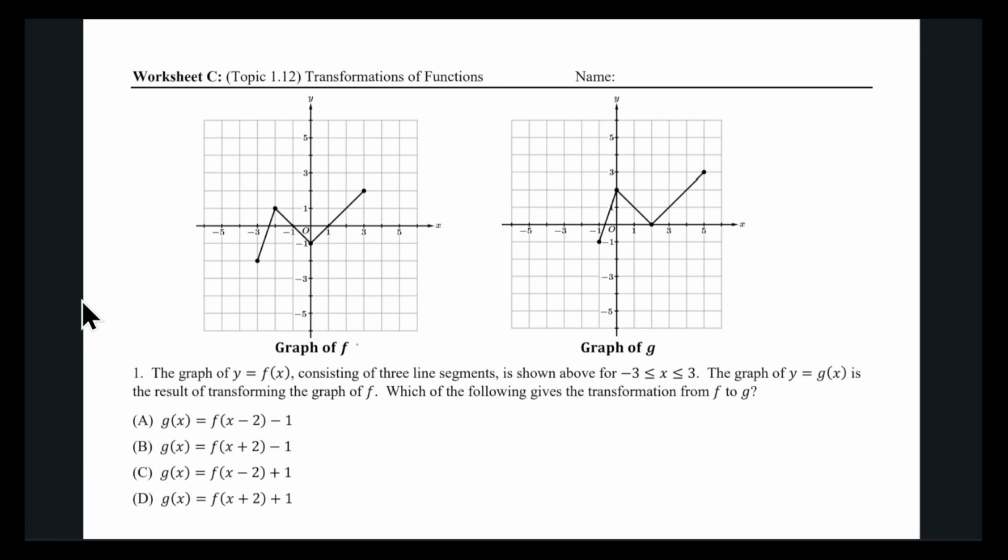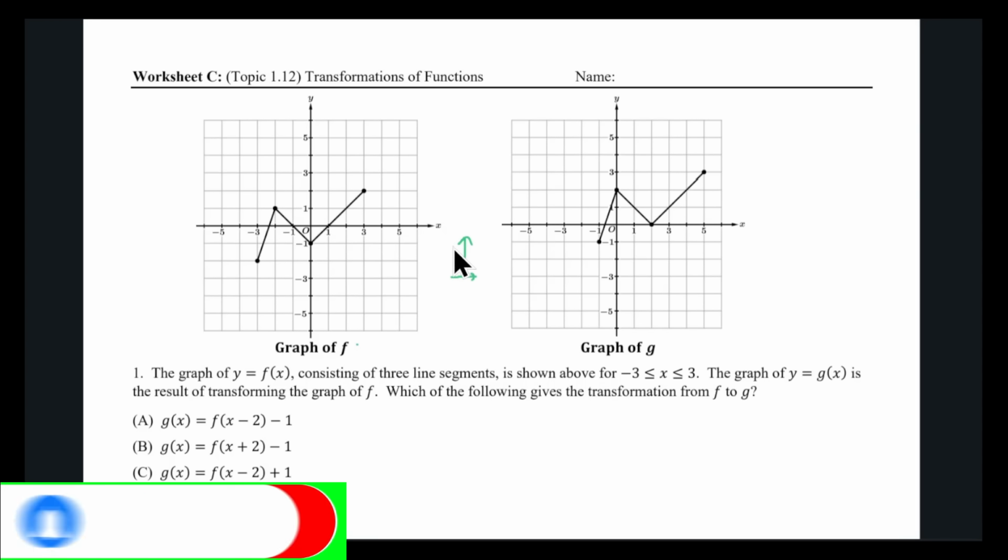Okay, we are given two graphs over here, f and g, and they're asking that if I want to move f to g, or transform f to g, which of the transformations will work? Just by looking at it, I feel like this function has been shifted a little bit to the right and a little bit up, right?